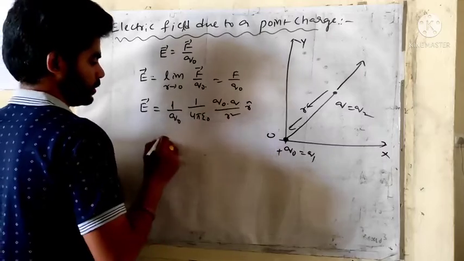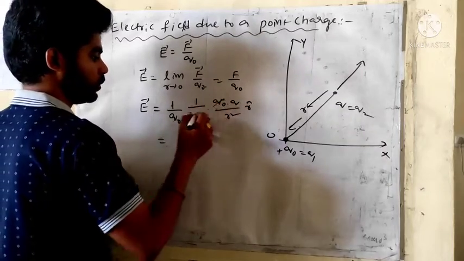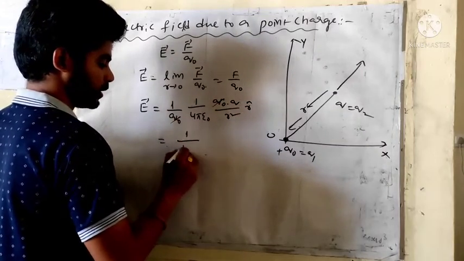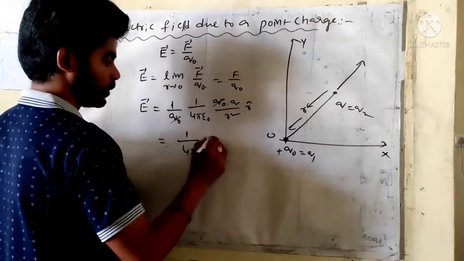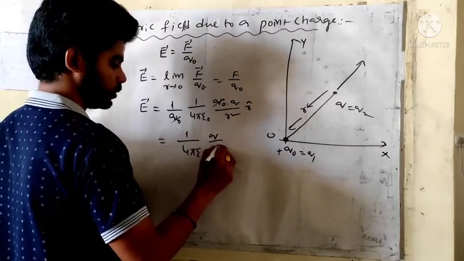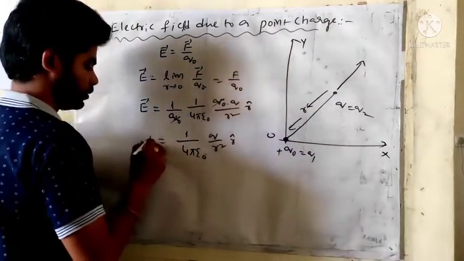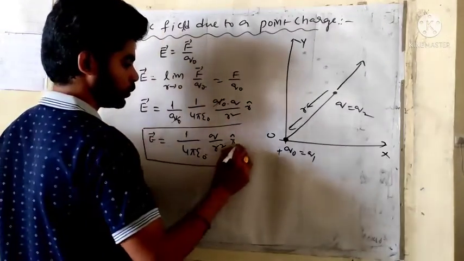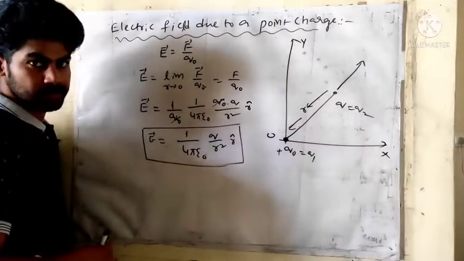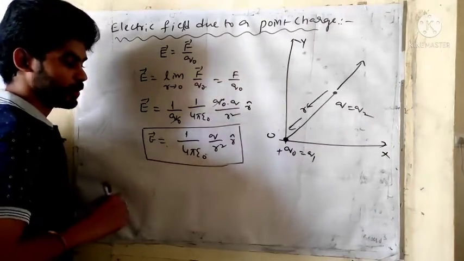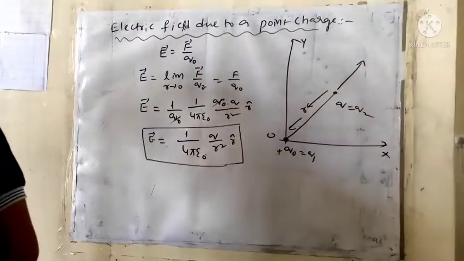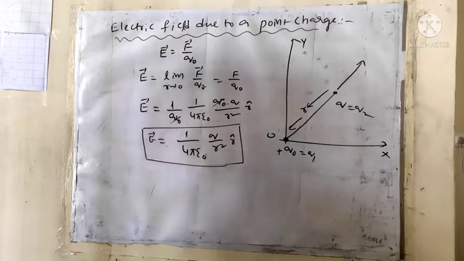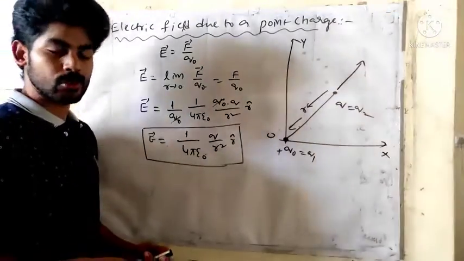Q naught cancels, remaining 1 by 4 pi epsilon naught into Q by R square into R cap. So this is the electric field due to a point charge: 1 by 4 pi epsilon naught into Q by R square. Okay, is it clear to everyone? Thank you.